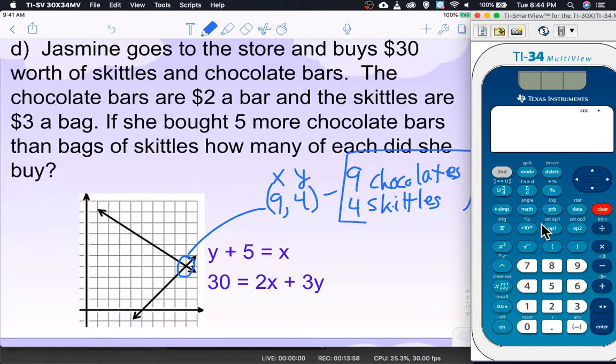That is now an answer that makes sense in this word problem. Having your variables labeled, which one is the X variable and which one is the Y variable, is very important when we come to word problems. But I wanted to show you how even a word problem can be solved using this graphing method.